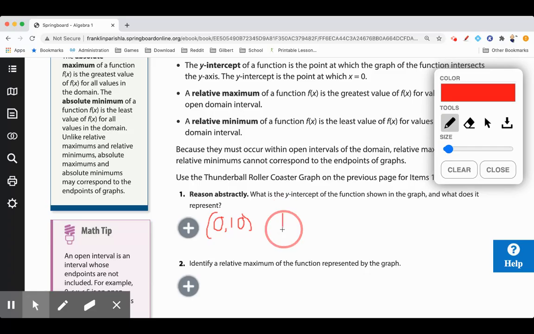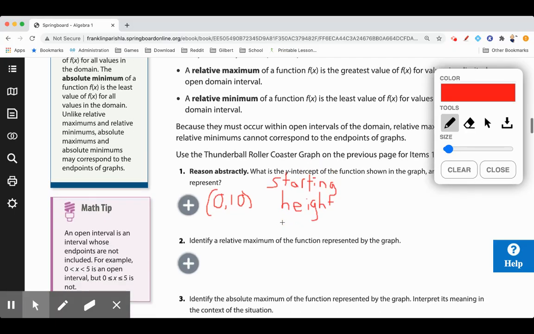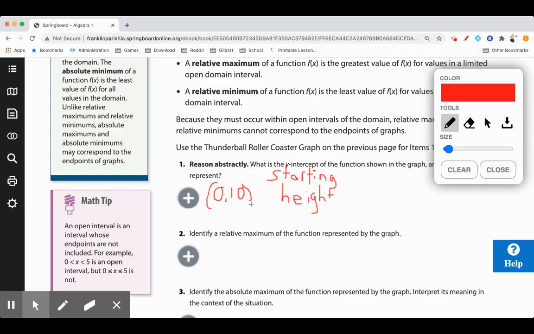It represents height at the starting point, or the starting height. I'll just type it next time. Starting height. (0, 10).